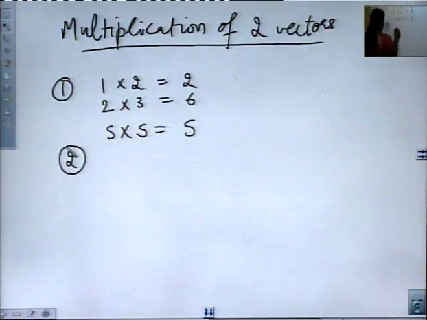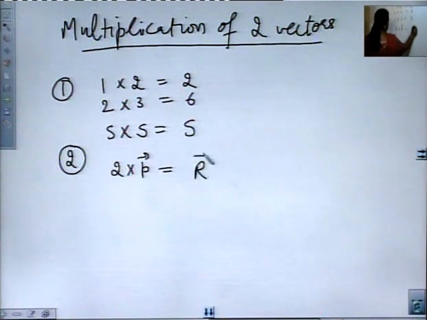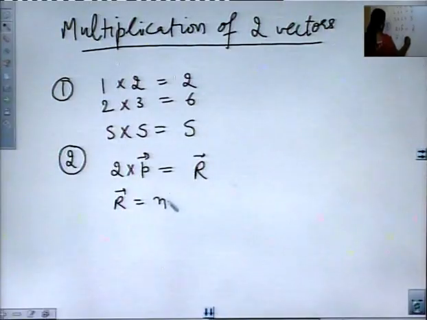Suppose we multiply a number 2 by a vector which is p vector. This will give us another vector quantity, meaning r vector is equal to n into p vector. N is any number 1, 2, 3, 4 and so on. So a vector quantity when multiplied by a scalar gives us a vector quantity.